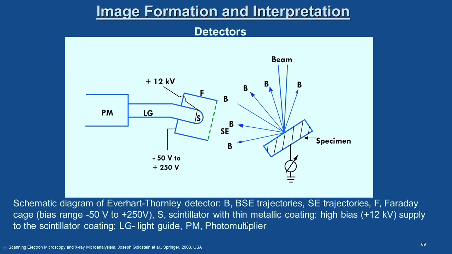S is the scintillator with a thin metallic coating, with a high bias of plus 12 kilovolts supplied to the scintillator coating, LG is a light guide and PM is a photomultiplier. So, this is a typical ETD schematic, primarily used in most SEMs.